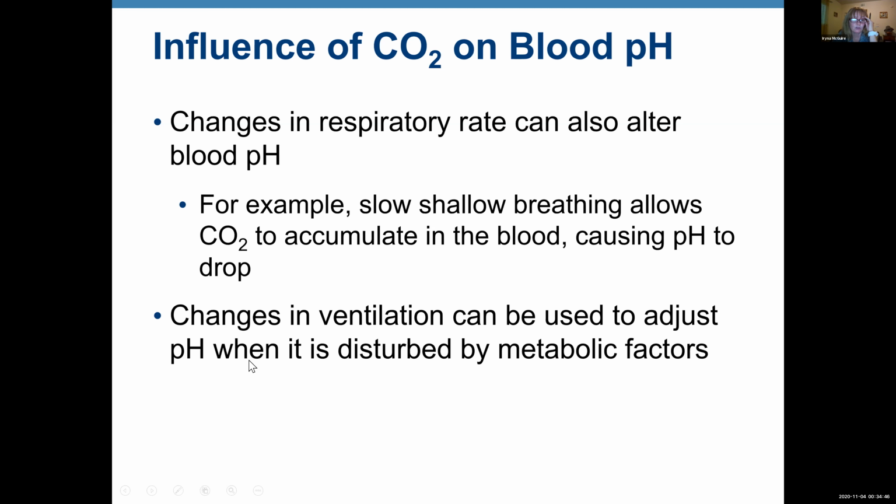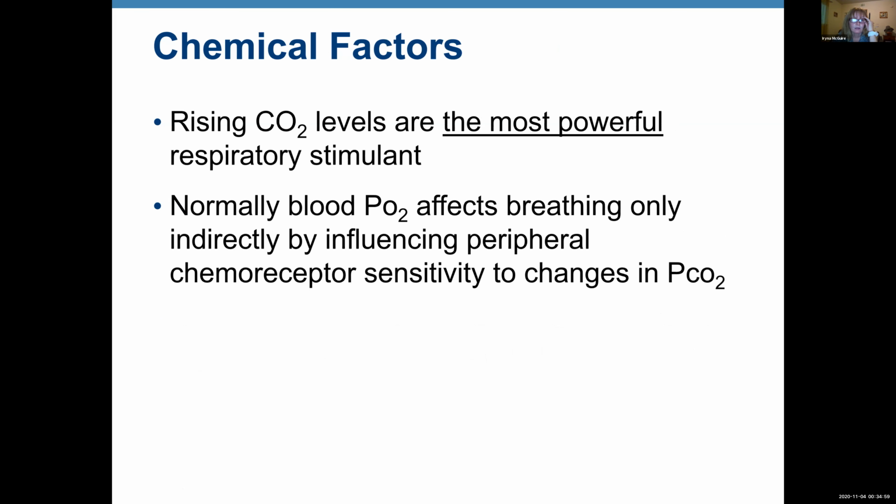Changes in ventilation can be used to adjust pH when it's disturbed by metabolic factors. So you start breathing more intensively when the pH of your blood drops. Rising carbon dioxide level is the most powerful respiratory stimulant. When the blood concentration of carbon dioxide increases, that stimulates your respiratory system, so you increase your breathing rate and the work of the lungs.